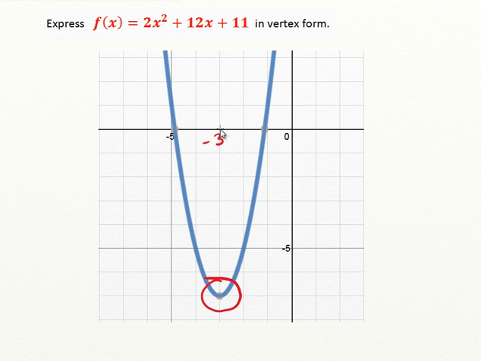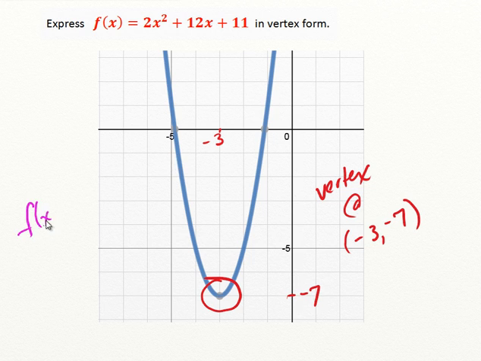So there's the line -3, and 5, 6, and there's -7. So it looks as though the vertex here is at -3 and -7.